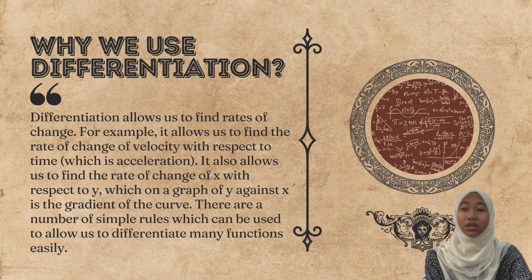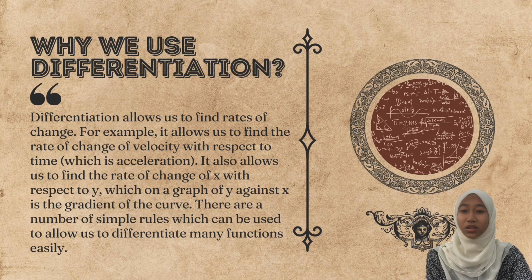After knowing the meaning of differentiation, we need to know why we use it. We use differentiation because it allows us to find rate of change. For example, it allows us to find the rate of change of velocity with respect to time, which is acceleration.